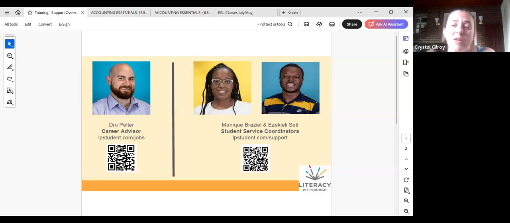So within Literacy Pittsburgh, we have that ability to help in those ways. Any coordinator can put in a referral to student services or career services, or the student can scan the QR code. There are many ways to get to that route.